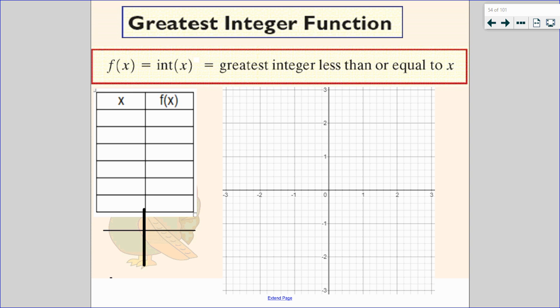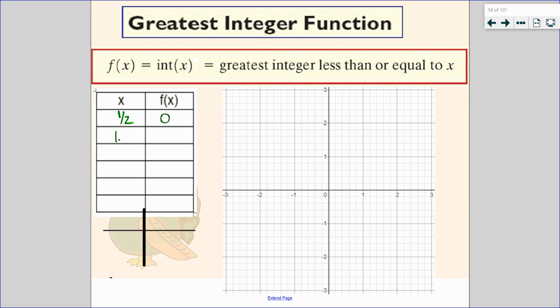So for example, if you choose the number, let's say you choose 1/2. What is the integer that is less than or equal to x? So the closest integer to that without going over the value. 0, yeah.